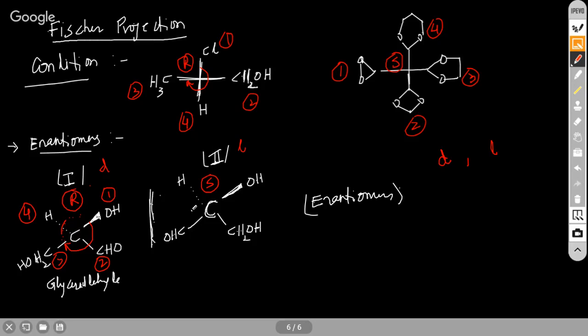Write down this particular definition of racemic mixture. It is the equimolar mixture of the two compounds which are enantiomers of each other.